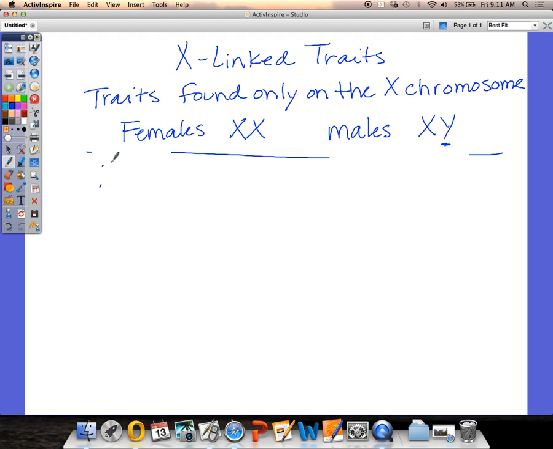So we're going to talk about hemophilia. Hemophilia is an X-linked trait that is recessive, and it causes somebody who has hemophilia to not be able to produce a blood clot.